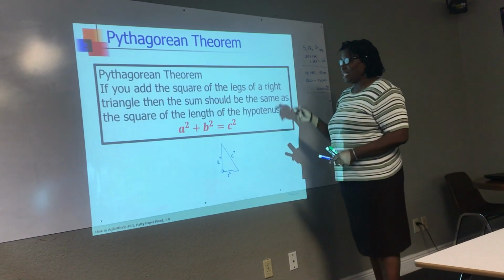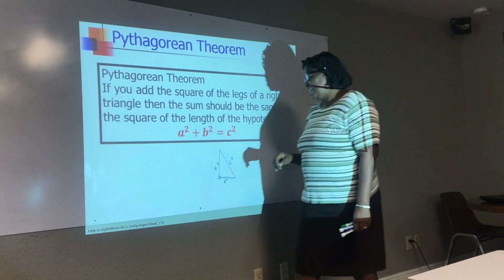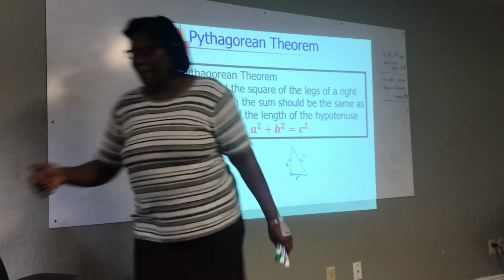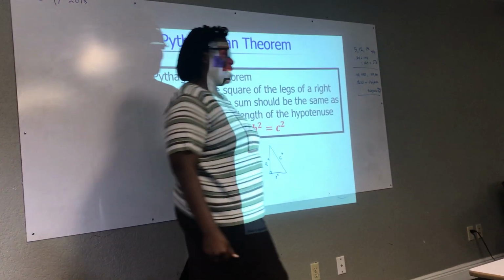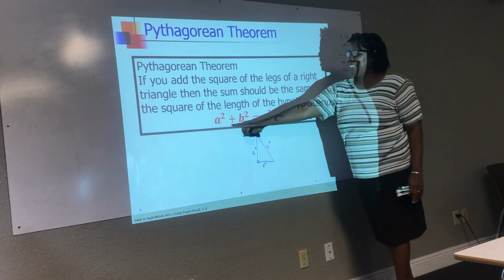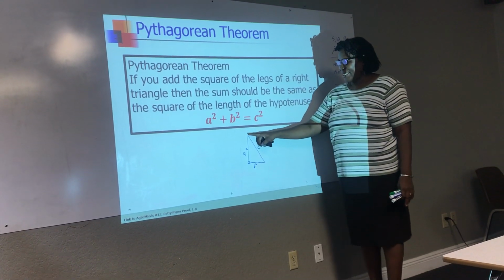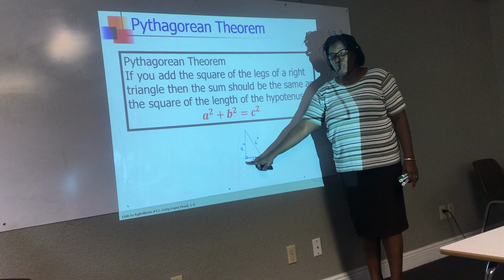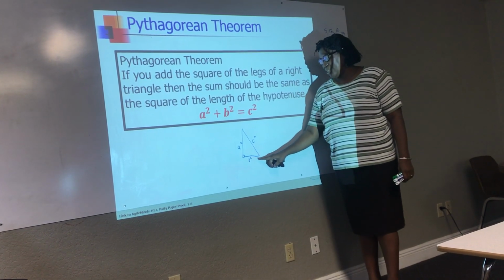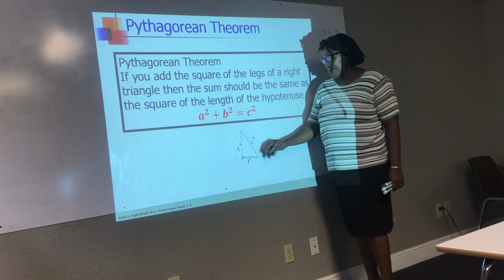If we have a right triangle, then a squared plus b squared must be equal to c squared. That's the length squared of one leg plus the length squared of the other leg must be equal to the hypotenuse squared.